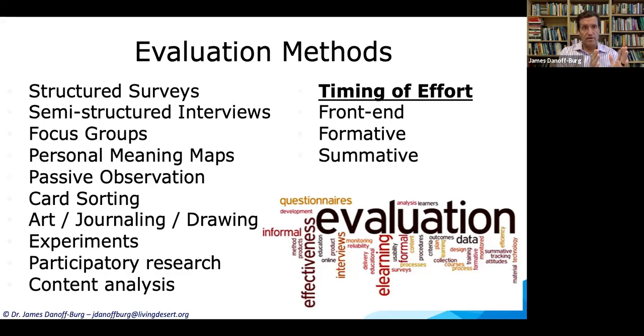So in the column that starts with structured surveys, these are all methods. But we can use those methods to answer questions that are presented relative to when the project or the intervention or the effort has begun. Right?